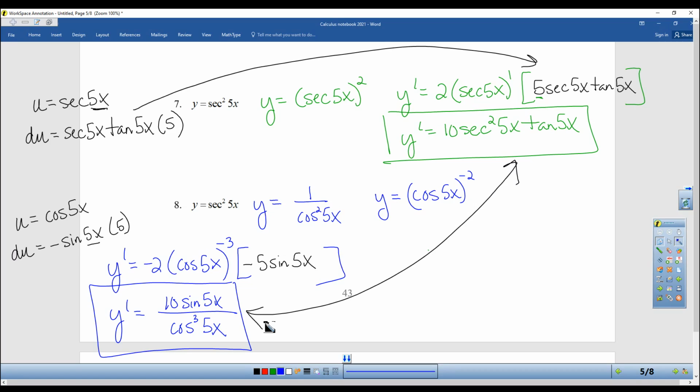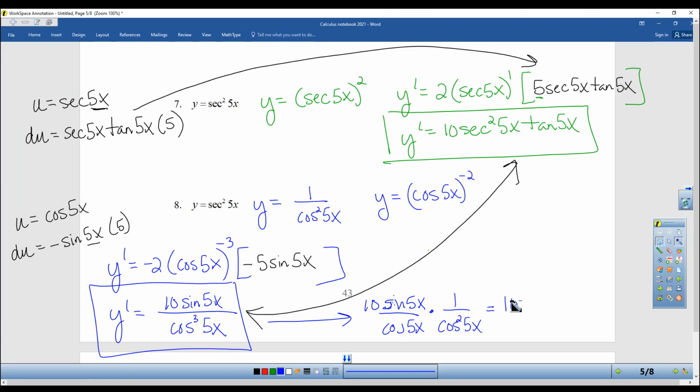So how can I show you that it's the same answer? Really easily on the blue one. So I'm going to break that down into 10 sine of 5x over one of the cosines of 5x, times 1 over the other two cosines of 5x.